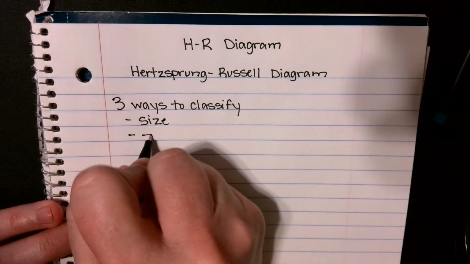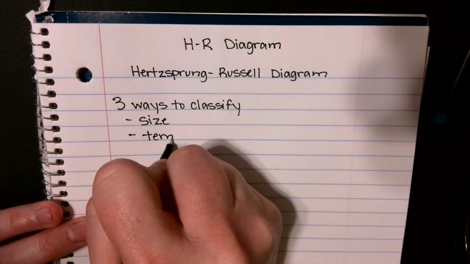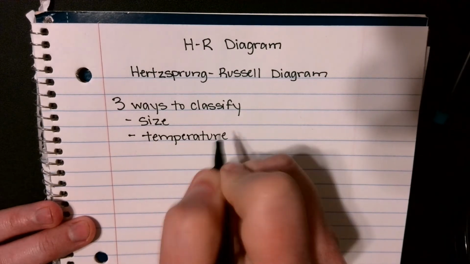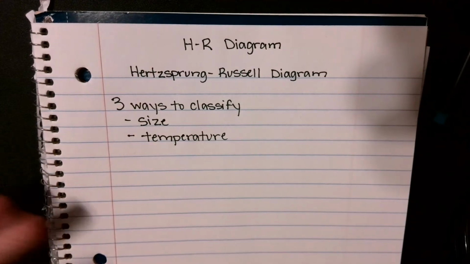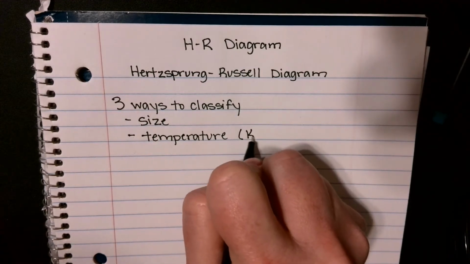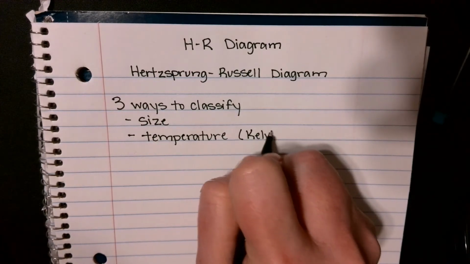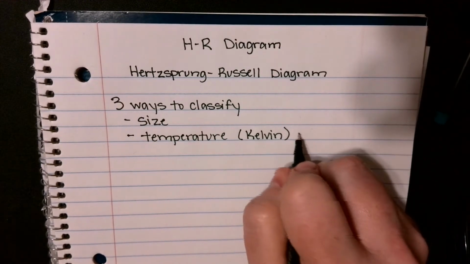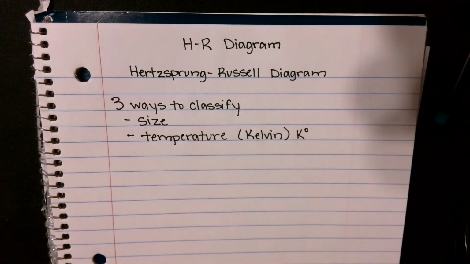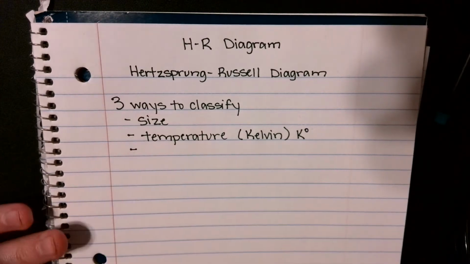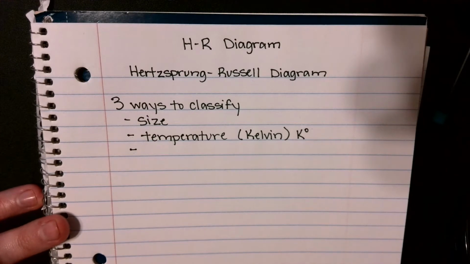We're going to have temperature. And when we're talking about stars, it's generally not in Celsius. We're generally going to use something called Kelvin, and we'll symbolize that with a K. It'll look like this. And luminosity. Lumen means to be lit or to be bright.